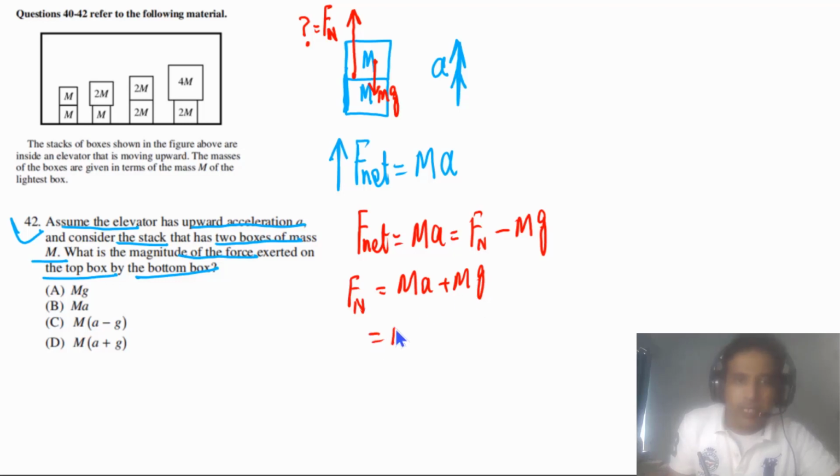If we take m common from here, we can say this is m times a plus g. So this is the force exerted on the top box by the bottom box. It is accelerating. That's the reason Fn is equal to m times a plus g. So the answer for this question is D.